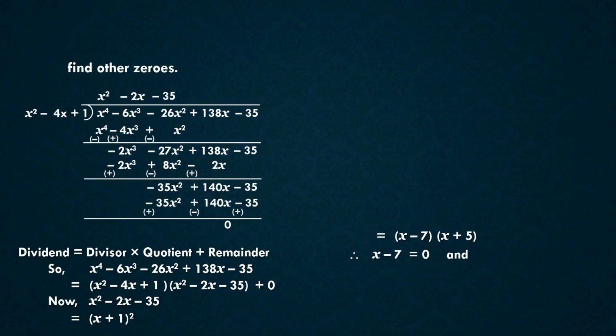Now we set each factor equal to 0. First, x minus 7 equals 0, which gives x equals 7. Second, x plus 5 equals 0, which gives x equals minus 5. Therefore, the remaining zeros of the given polynomial are 7 and minus 5.